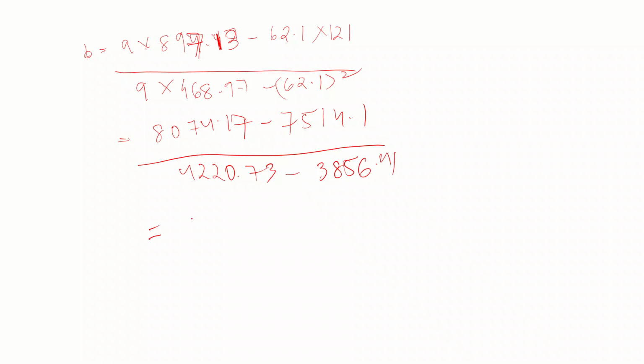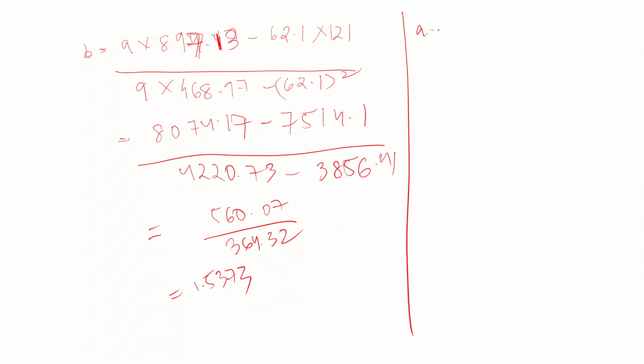After calculation, the numerator will be 560.07, divided by 364.32. The answer will be 1.537. And A is 2.837.